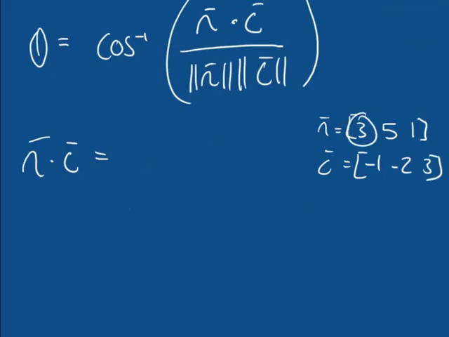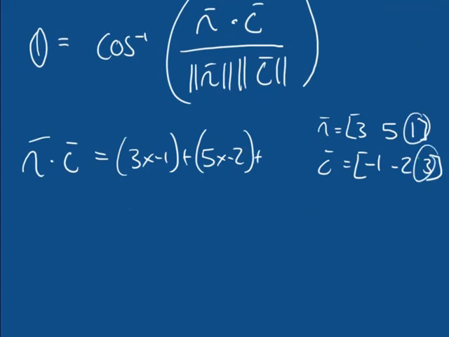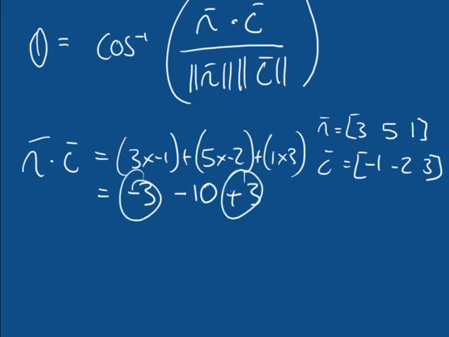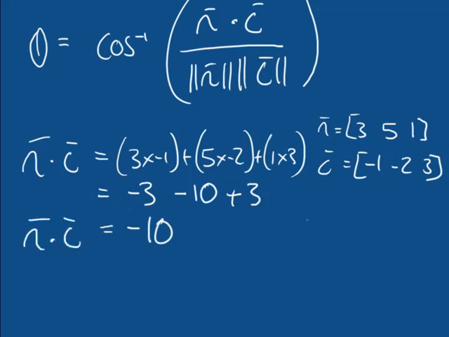So n dot c is going to be 3 times minus 1, plus 5 times minus 2, plus 1 times 3, which is equal to minus 3, 5 times minus 2 is minus 10, and 1 times 3 is plus 3. So the minus 3 and plus 3 are going to cancel, and that gives us n dot c is equal to minus 10.